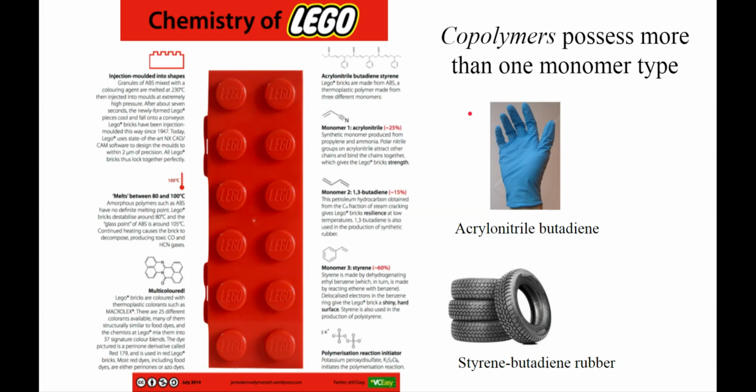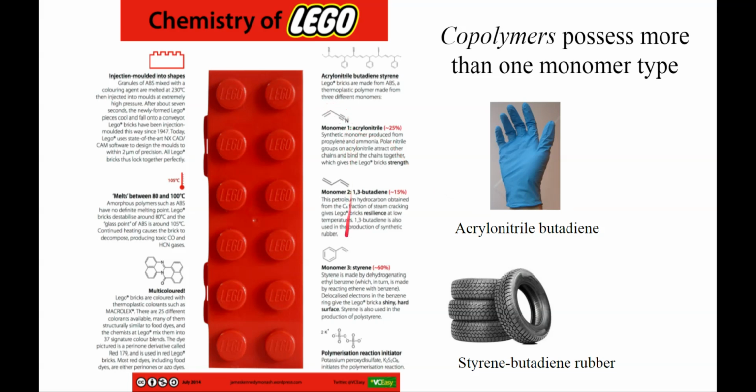Anyway, Legos are an example of a copolymer. So if you have polystyrene or polyvinyl chloride, those have one monomer, but you can then mix multiple types together to get a copolymer. Again, nitrile gloves have acrylonitrile butadiene.